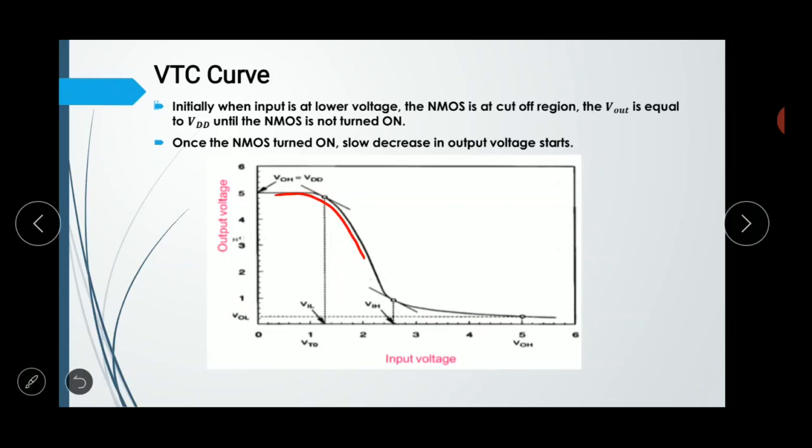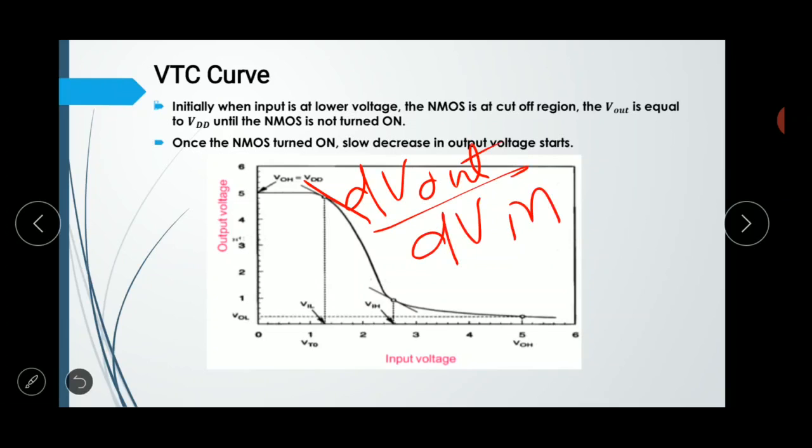At these points, we calculate the slope, that is dVout by dVin, and we get the value -1. At that point, the input voltage is denoted as VIL. At the second point, the slope dVout by dVin is also equal to -1, and here the voltage is denoted as VIH.